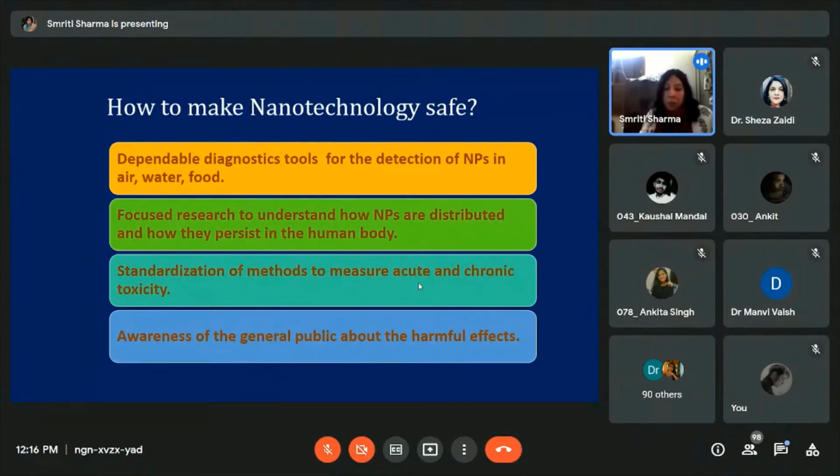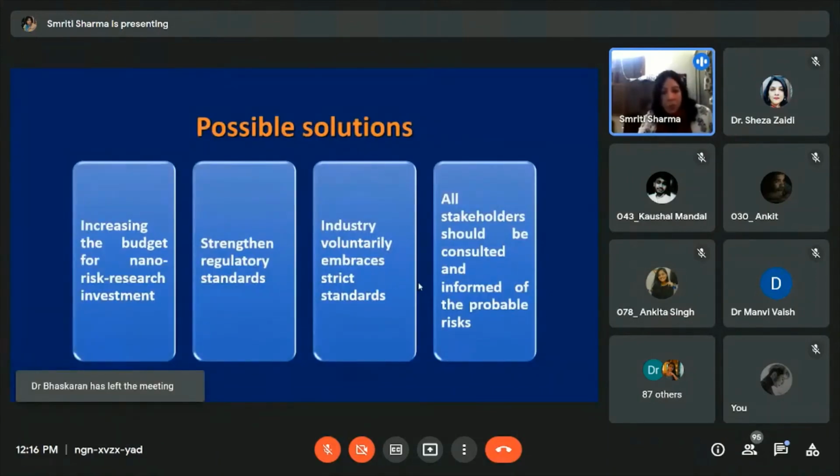And of course, people are so hyper about nanotechnology. The general public does not know about the harmful effects. So you have to sensitize them and make them aware. Possible solutions are for the government to increase the budget for nanotoxicity or nano risk research and strengthen the regulatory standards.